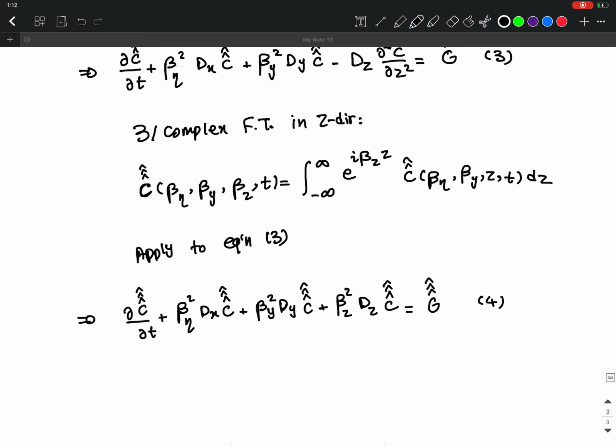And now the initial condition here is c triple hat at t equals 0 is 0.